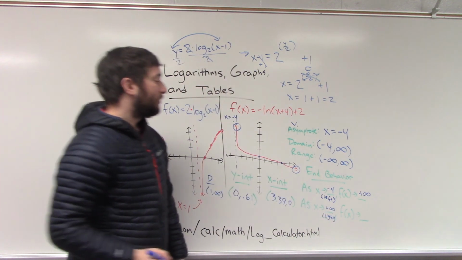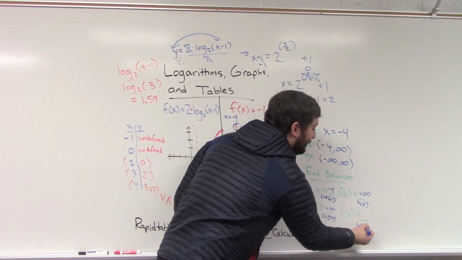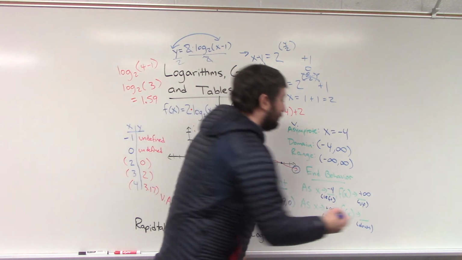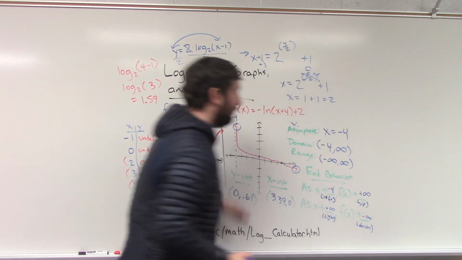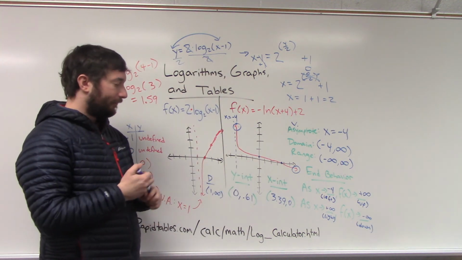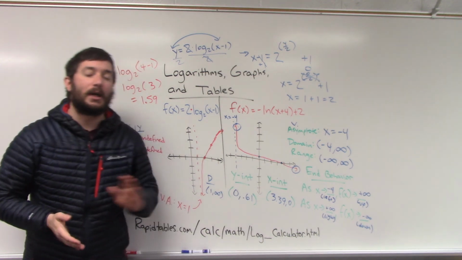Okay, this would be up, and this would be down. This arrow goes downwards forever to match our range. It heads towards negative infinity. Off to the side, keeps going down and down and down forever. So those are all your key features that you're expected to know for logarithms.